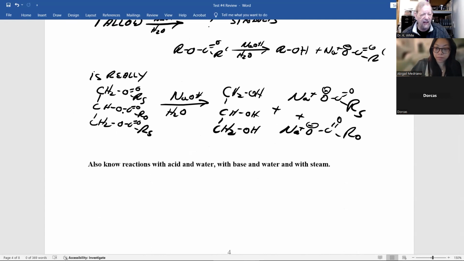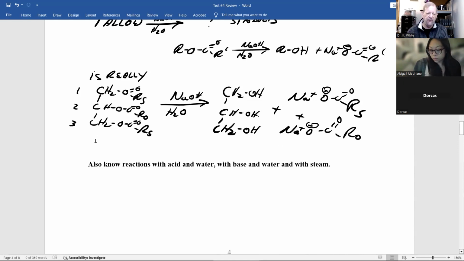And you have 3 esters, 1, 2, 3. Ester number 1 gives this alcohol and this carboxylate anion. Because the R group is not R prime, it's R sub S, this would be called sodium stearate. Ester number 2 gives this alcohol, plus this carboxylate anion of the carboxylic acid you would have used to make this ester, oleic acid, and so you get sodium oleate.